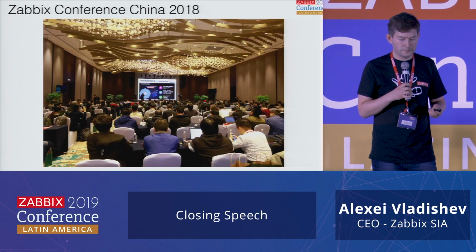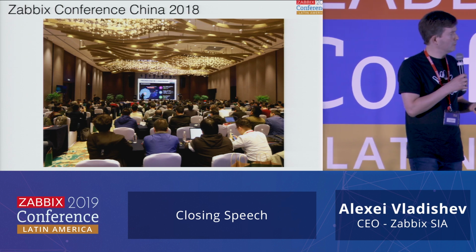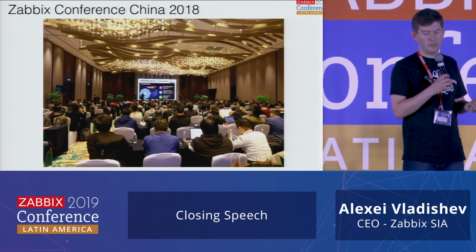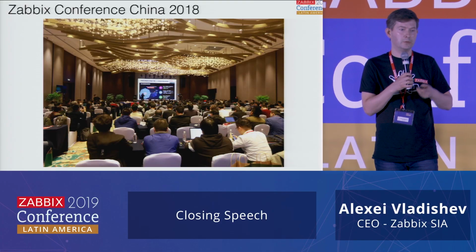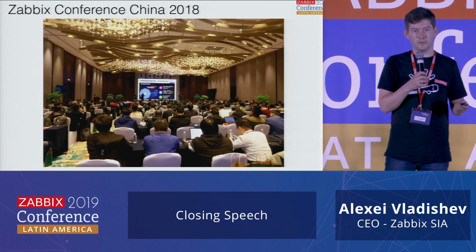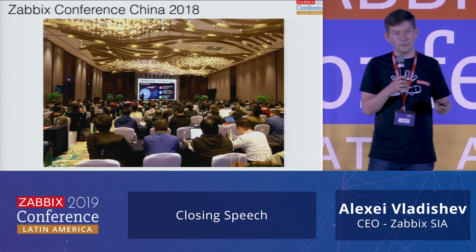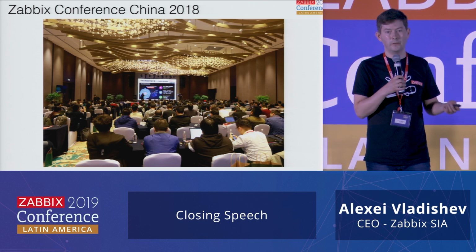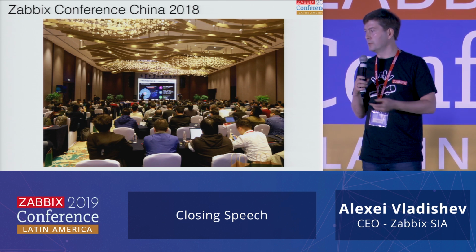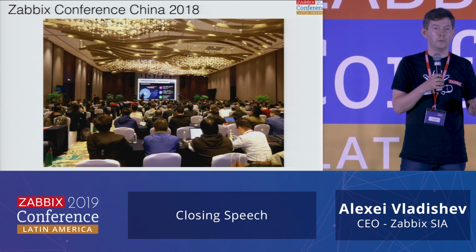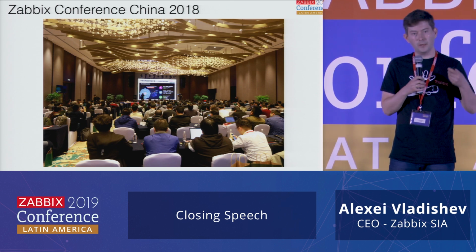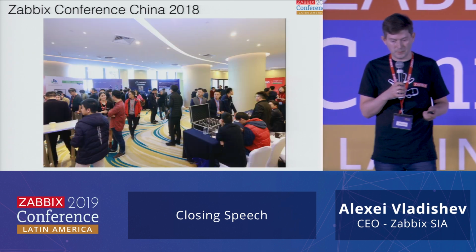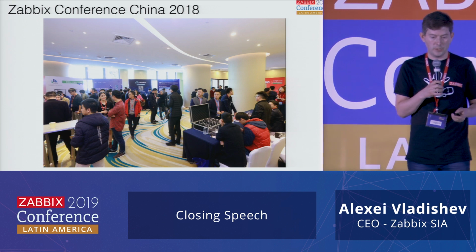This time it was about 200 plus people, and I was also surprised how different the various use cases are. There were some of the largest insurance and banking companies from China on one hand, and on the other hand much smaller companies which were using Zabbix and explaining their experience. This is the Zabbix China conference.